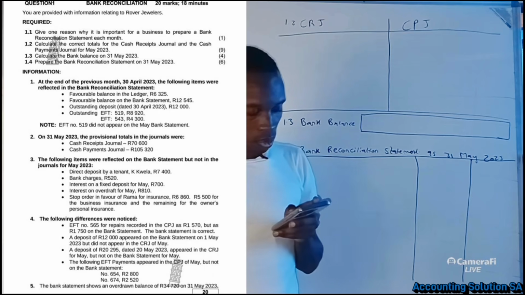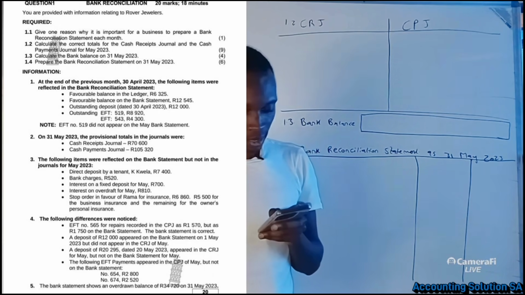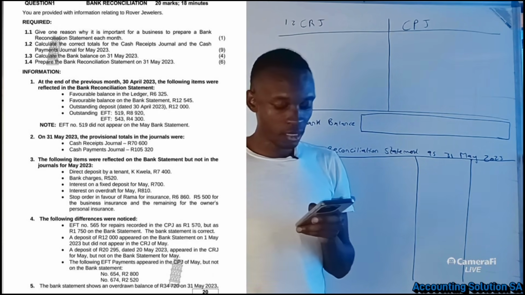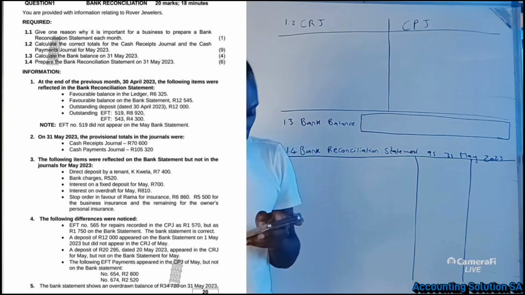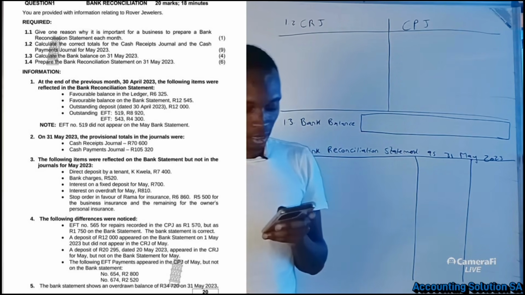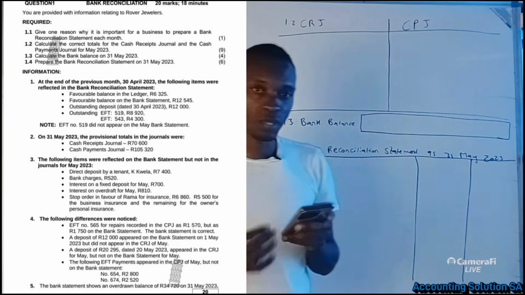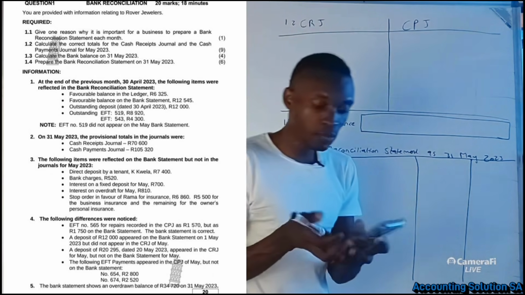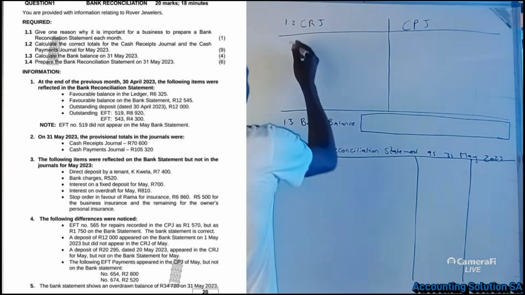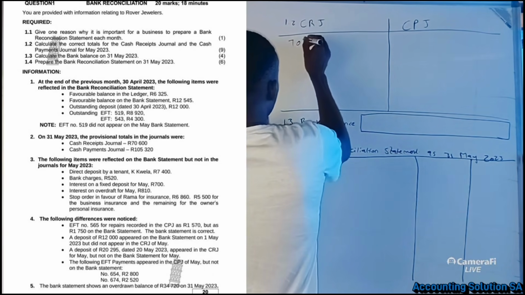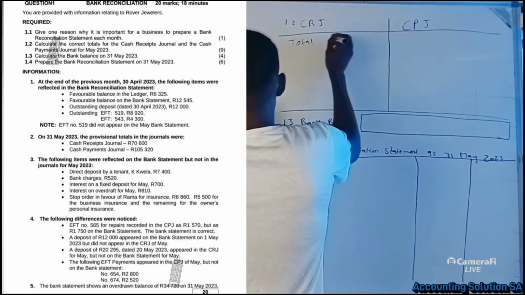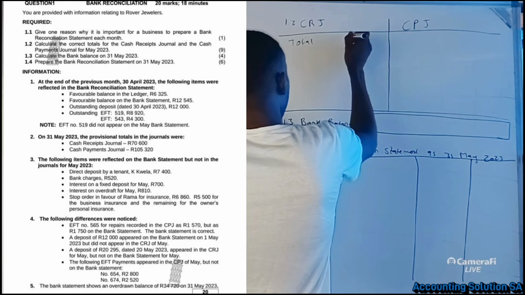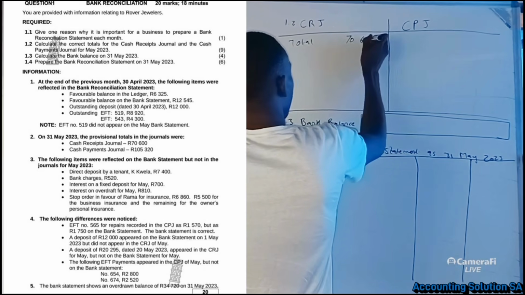Number 2, on 31 May 2023, the provisional totals in the journals, cash receipt journal and cash payment journal, which means that before we proceed with our cash receipt and payment, we must start with the total. Total for cash receipts journal was 70,600.